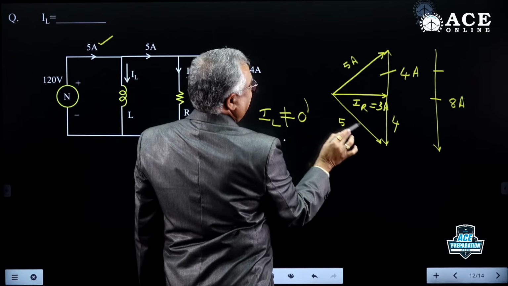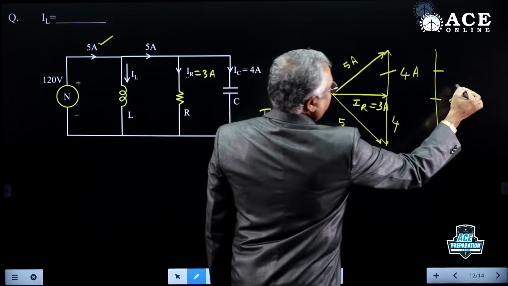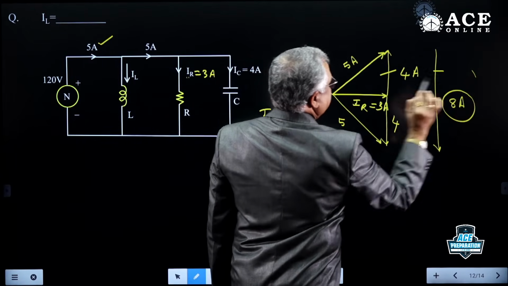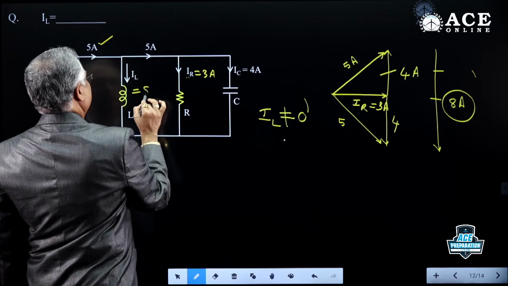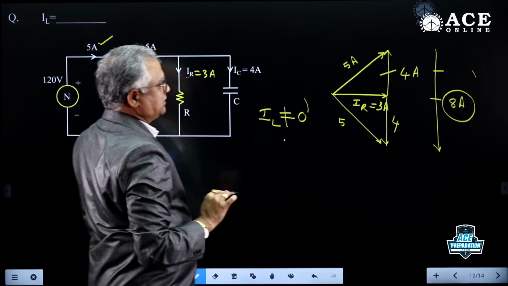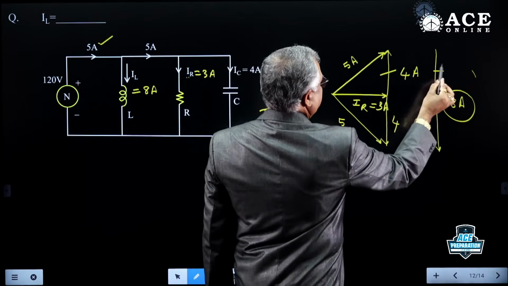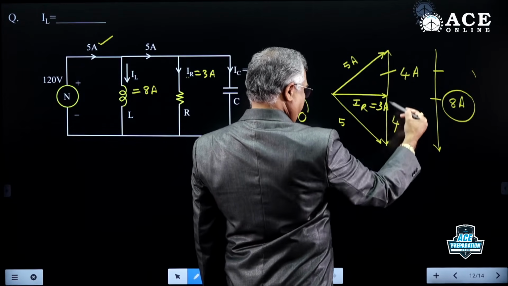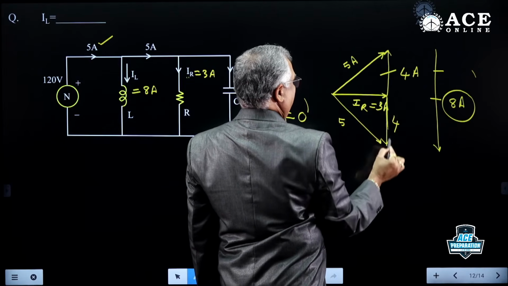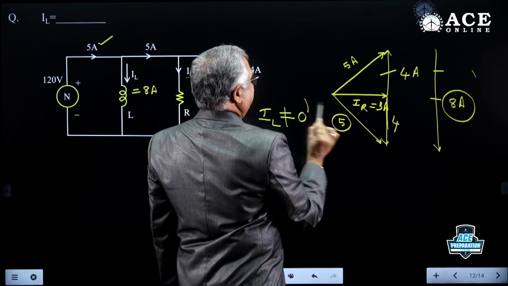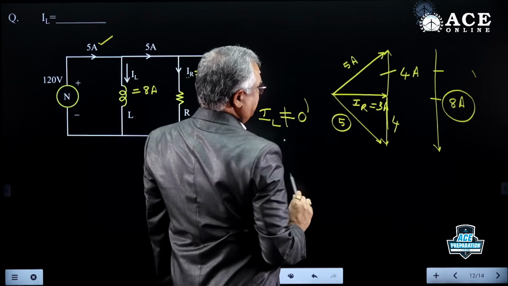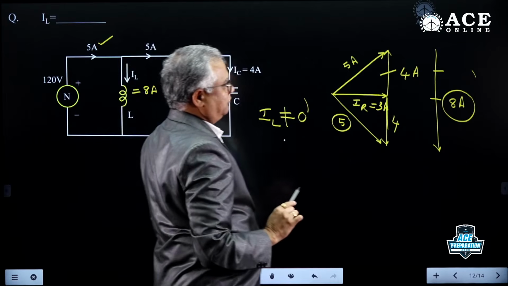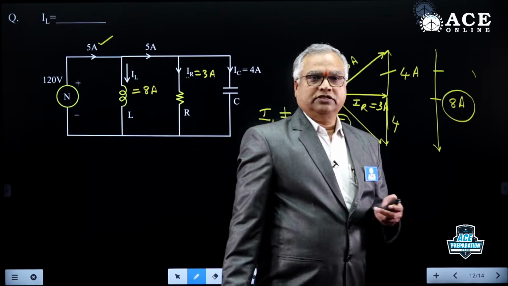So you are getting the same current of 5 if IL value of 8 is flowing. So this current is 8 amps, not 0. Out of 8, 4 compensated here, still remaining 4 is there, this 3 there, 4, resultant becoming 5. So this current is 5, this current is 5, my conditions are satisfied. Therefore IL equal to 8 amps is correct.